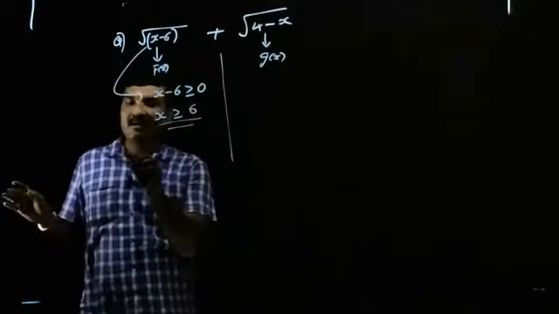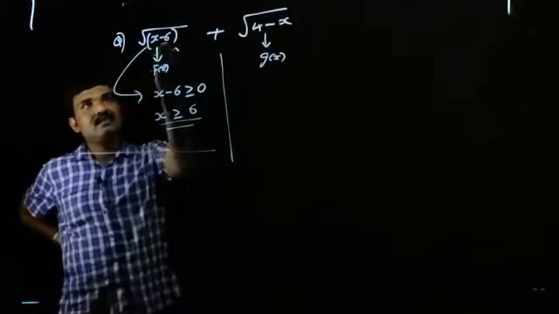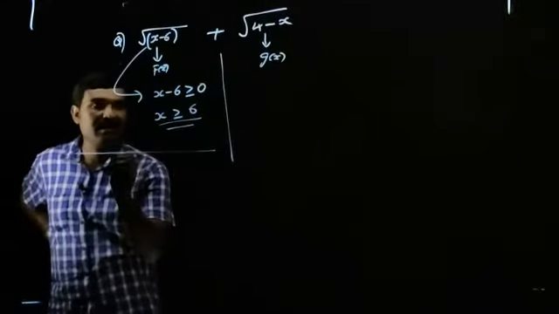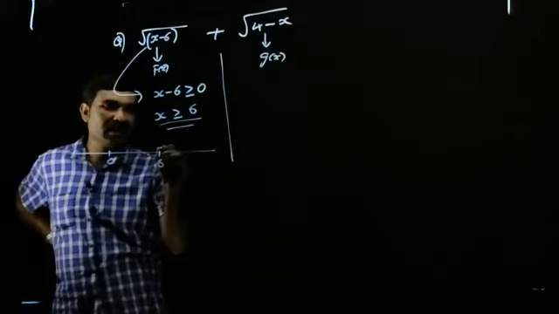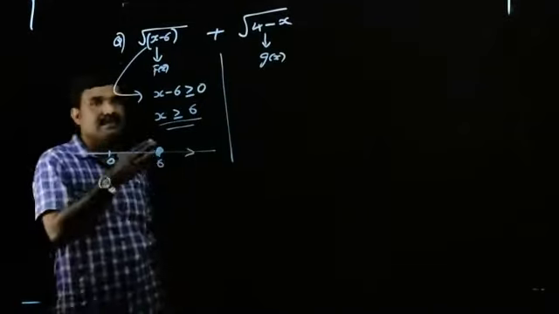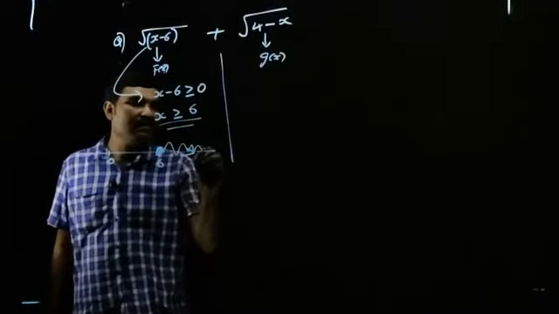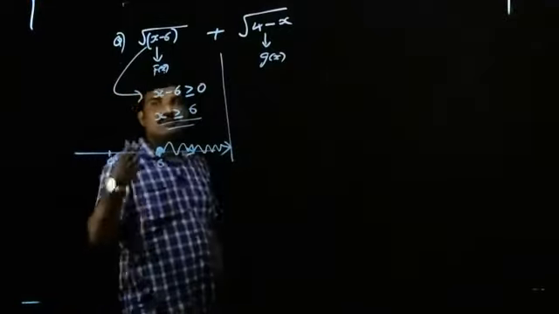We can draw a number line. x may be 6; if x is 6, the value inside becomes 0, and the square root of 0 is defined. So 6 is included, a dark circle, and all the values greater than 6 form the domain of this section. We mark this region on the number line for f of x.